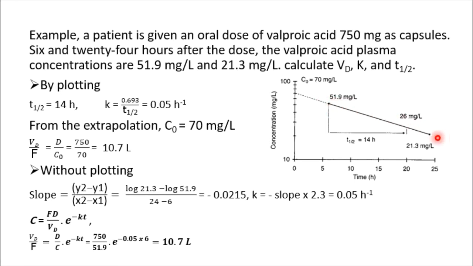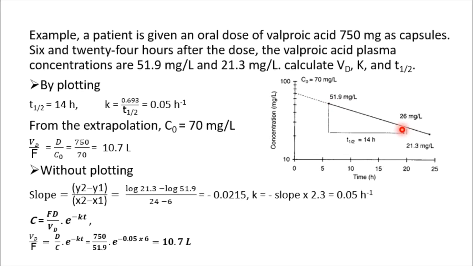So we can simply calculate the elimination rate constant or half-life of the drug and volume of distribution by the simple plotting method. To calculate the half-life of a drug, we can divide one of these two points, either 51.9 milligram per liter or 21.3, by 2. It's simpler to divide 51.9 milligram per liter by 2, and the resulting concentration is 26 milligram per liter.